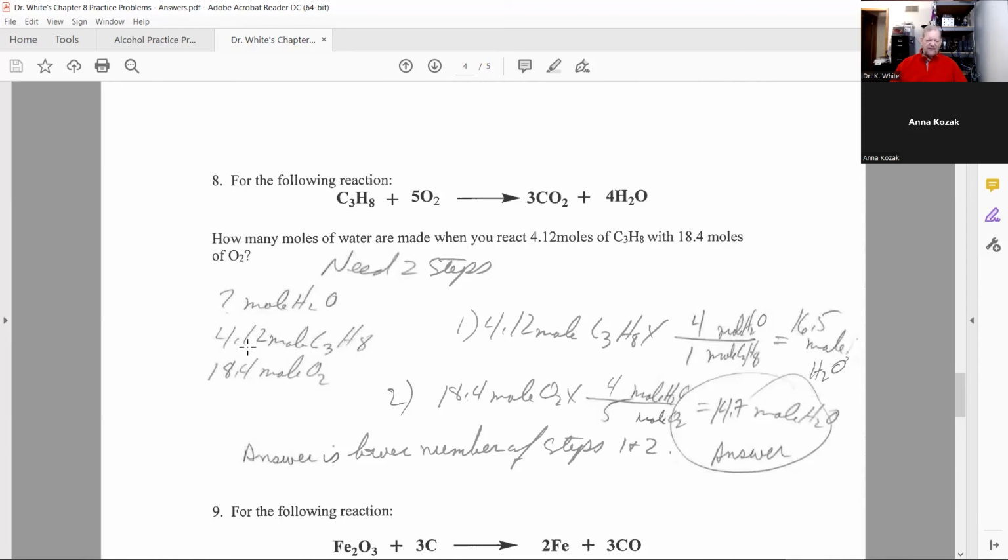What are you given? The moles of C3H8 and the moles of O2. Now, remember, at the base of the arrow, those are the reactants. And whenever you're given a problem where you're trying to find moles of a product, which water is, and you're given both moles of the reactants, this is this type of problem.